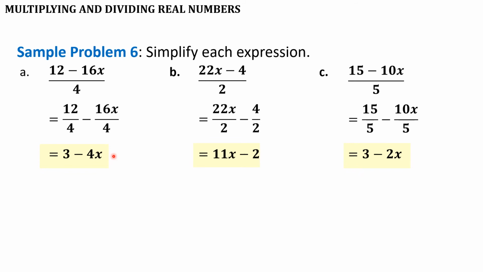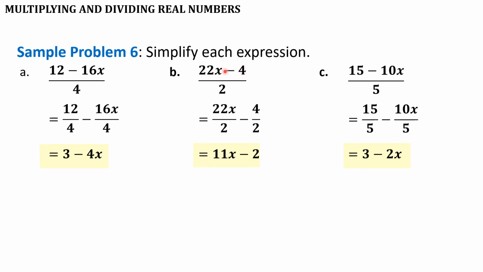We cannot keep on doing anything else in that expression because that number 3 does not have the same variable that number 4 has. If we were multiplying them, then we could do them, but because we are subtracting, we cannot keep on simplifying that equation. It has to stay there.